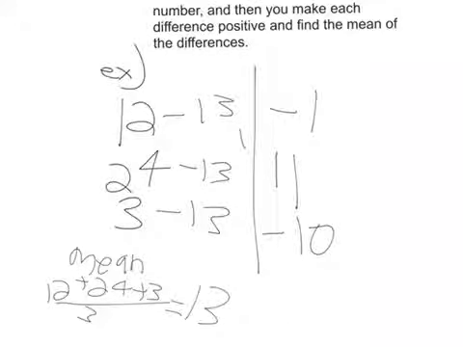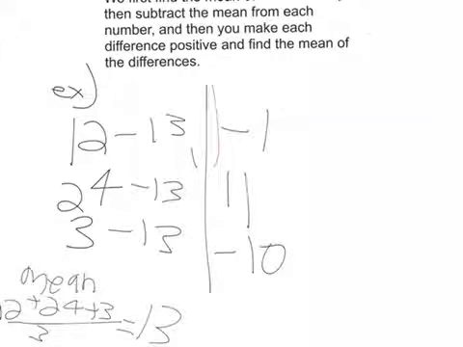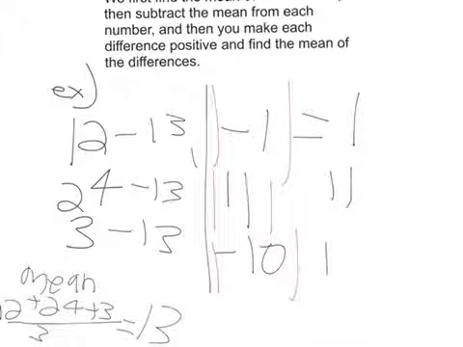Now we have to make all the differences positive. So we just take the absolute value of each one, which will give you 1, 11, and 10.